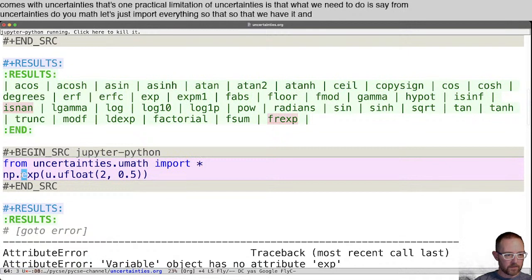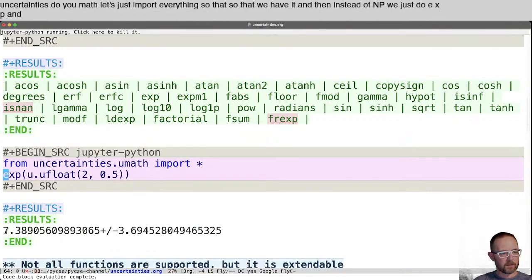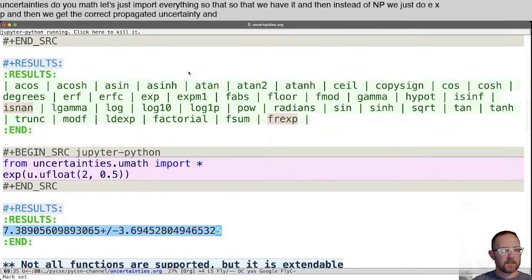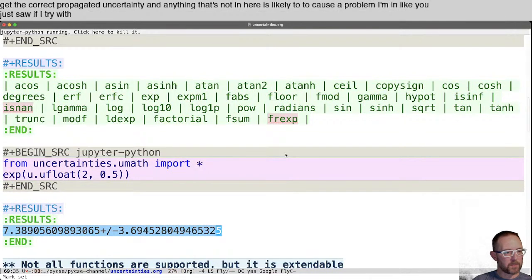Then instead of np, we just do exp, and we get the correct propagated uncertainty. Anything that's not in here is likely to cause a problem. And like you just saw, if I try with np.exp, we got an error.